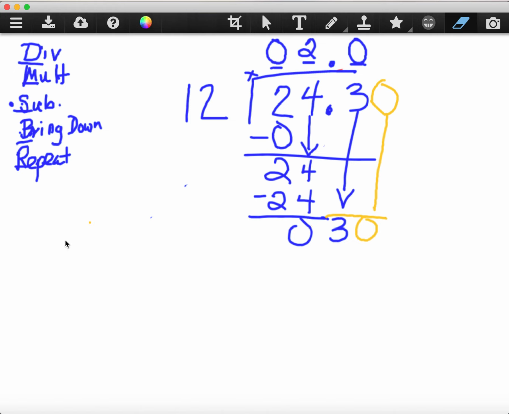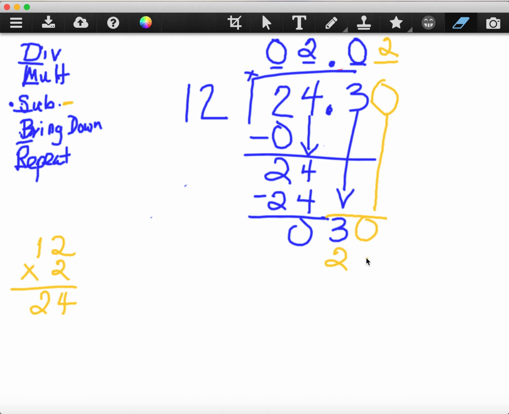So we're going to come out down here to the side, and we're going to say 12 times 2. 2 times 2, 2 times 1. And that's going to be within our range, because any more would be a little bit too much, okay? So 12 goes into 30, and I'm going to come up here and make another blank, because I added that 0, 2 times.